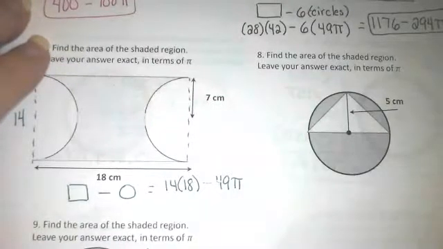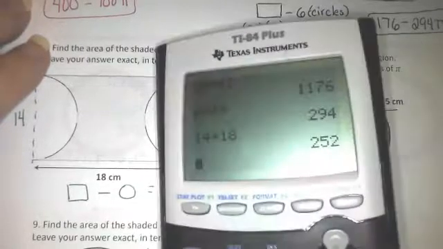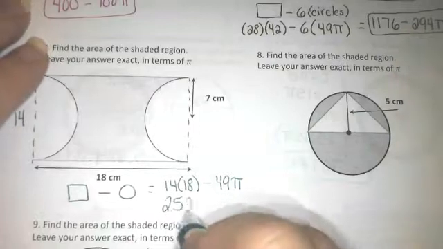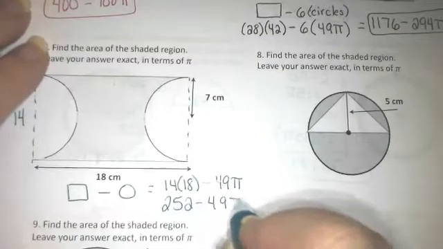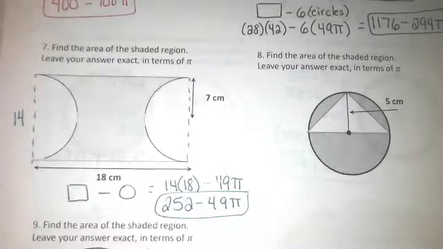Now I just have to multiply. Are we still making sense? I hope. Yeah. 252. So 252 minus 49 pi. I like this circle stuff.